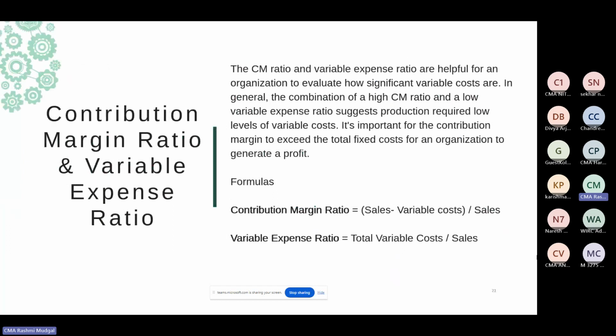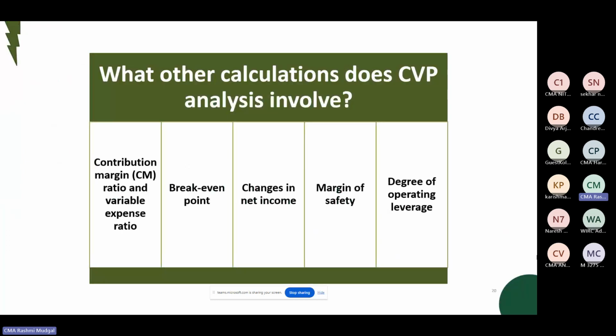First was contribution margin, which is the contribution divided by sales. Break-even point is where my total cost is equal to my total revenue. Change in net income is where I want a desired profit to be earned with a definite number of sales. Margin of safety is the feeling of safety, where I am able to recover my fixed costs.